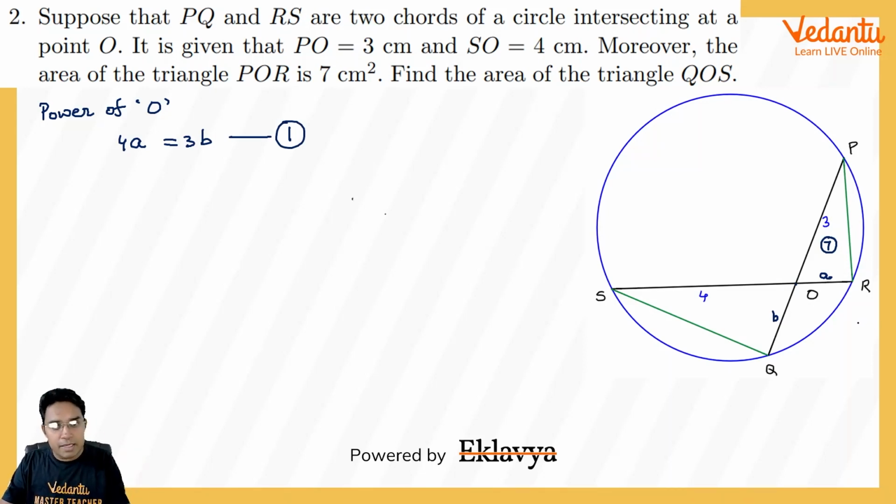Although there is another method of getting the same thing. You can see this QR will be subtending the same angle at P as that at S. Whereas at O, these two are vertically opposite angles, so they will also be equal, and hence the remaining angles at Q and R will also be equal.